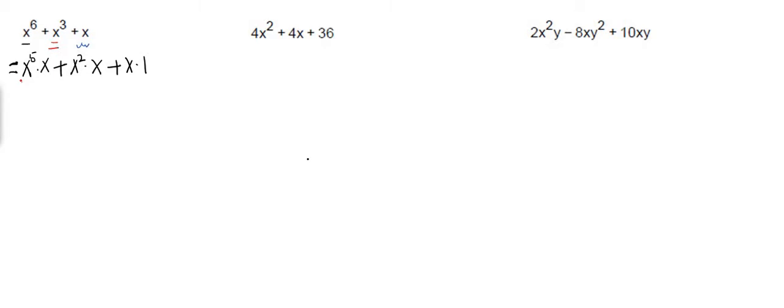we have, for the first term, we have left x to the power 5. For the second term, we have x squared. And for the last term, we have 1, right?